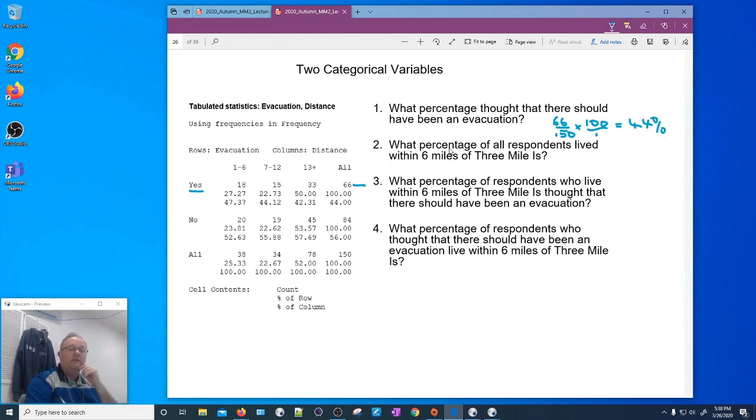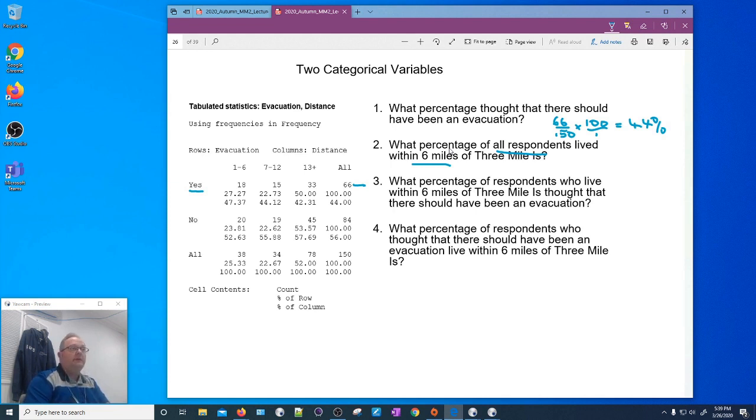Now here's the language that comes up in statistics. What percentage of all respondents lived within 6 miles of Three Mile Island?